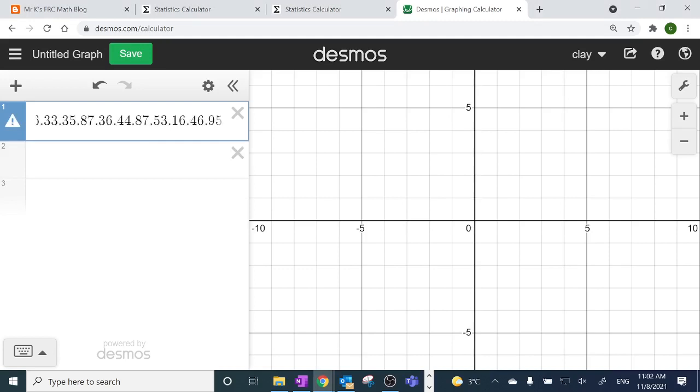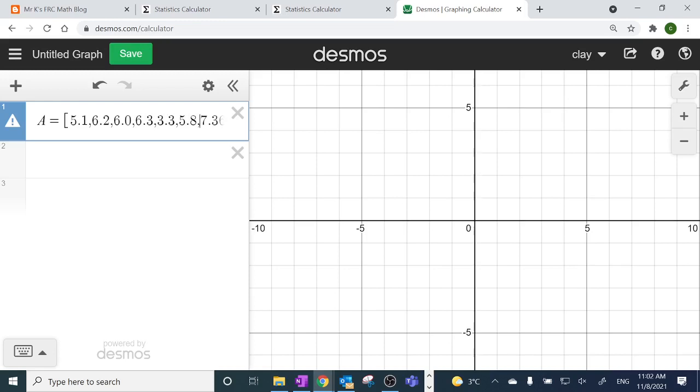Actually, no, it didn't understand the spaces at all. So you're going to have to go back and put commas here, here, here, here. This is a bit of a drag.